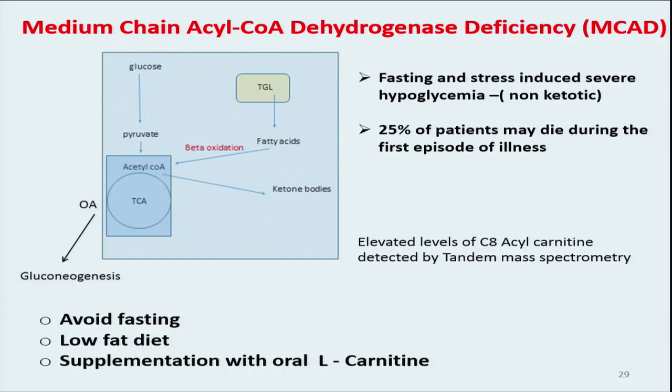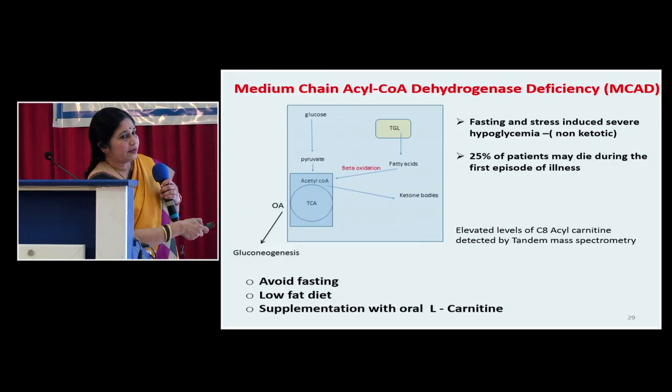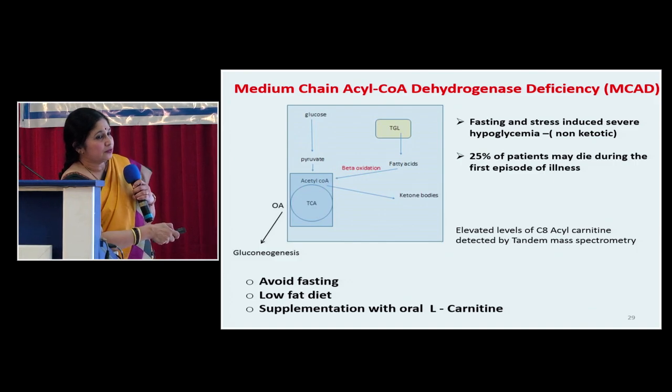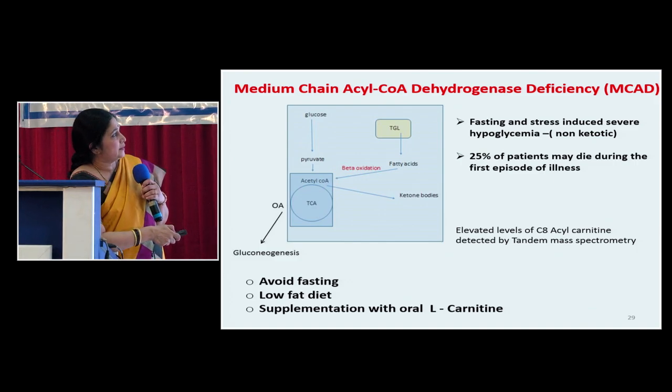Medium chain, MCAD, what is MCAD? Medium chain acyl CoA dehydrogenase. This enzyme helps in breakdown of fatty acids to acetyl CoA. What are medium chain fatty acids? 4 to 12 carbon fatty acids.